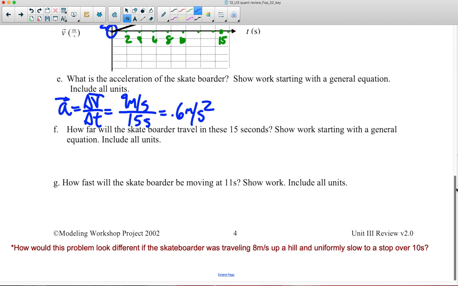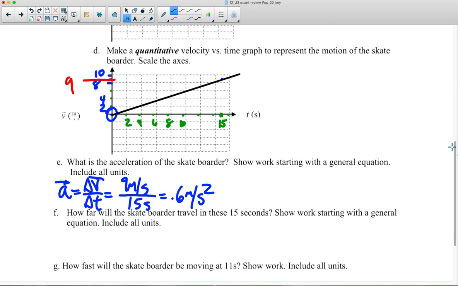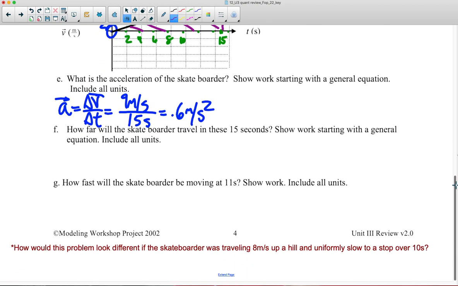How far will the skateboarder travel in these 15 seconds? So now we want to find displacement. You can actually do this 2 ways. The way we did it in class is to find the area under the triangle. So if I drew this down here and we wanted to find the area of the triangle, the area of the triangle is equal to 1/2 the height times the base, which is the displacement.